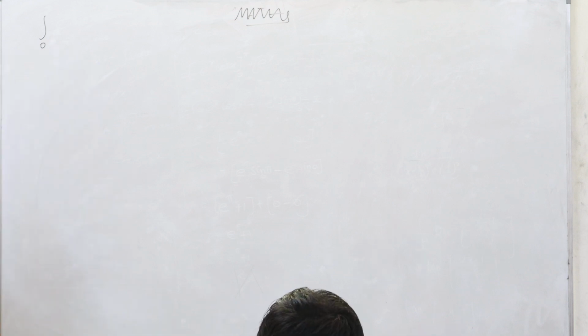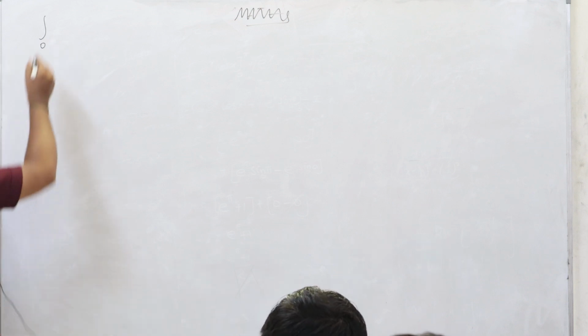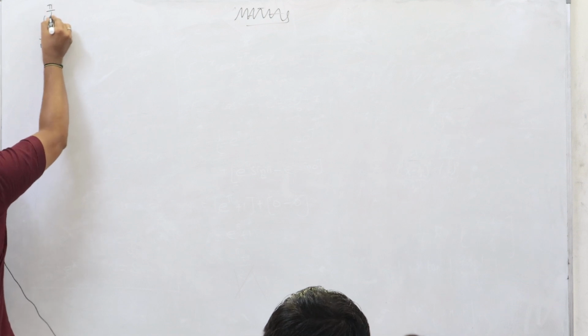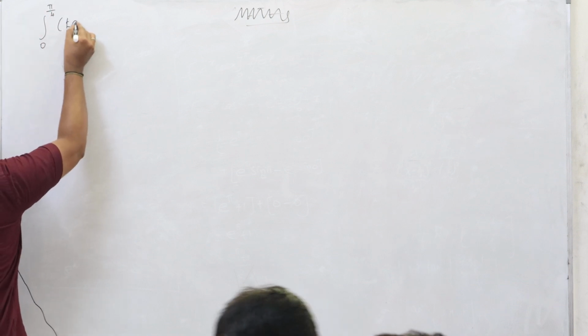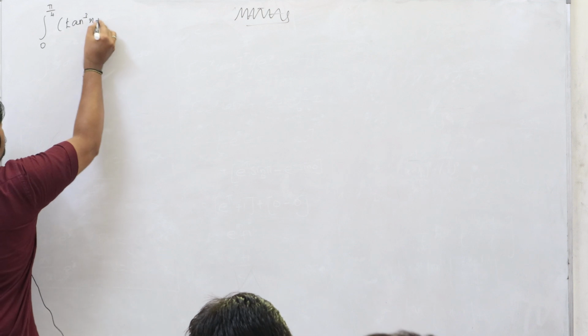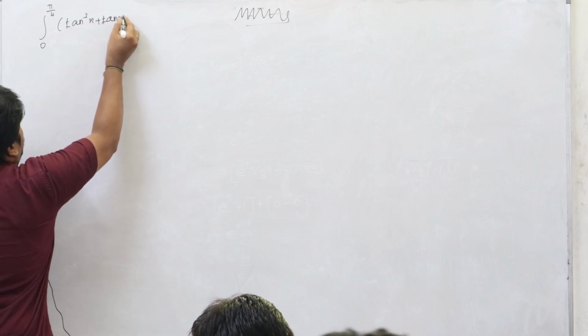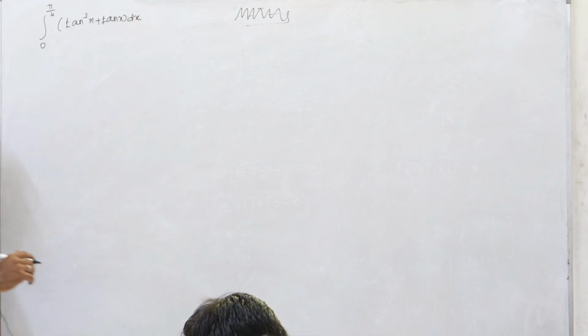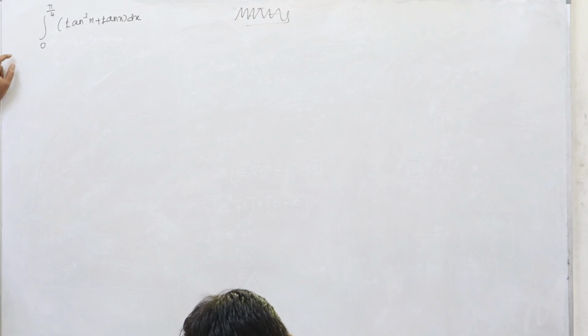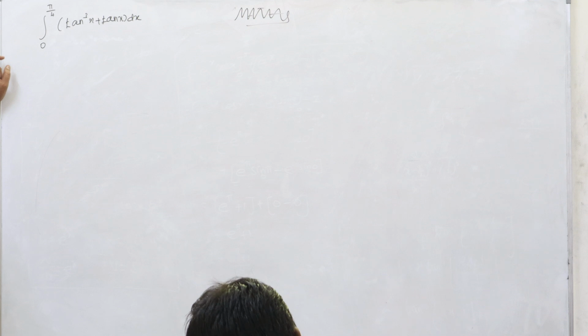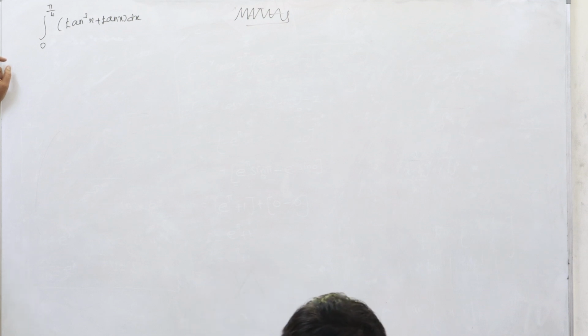Zero to pi by 4. So listen, the limits are from 0 to pi by 4. We know that pi by 4 is 45 degrees. Clear?